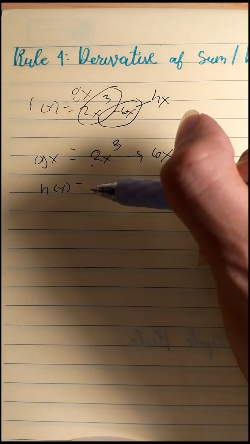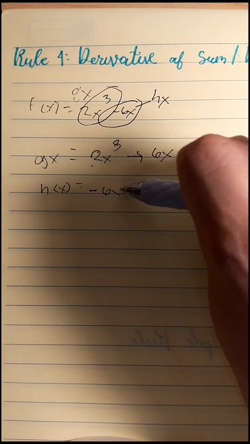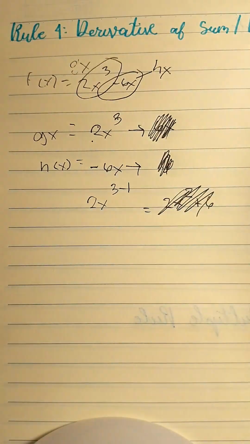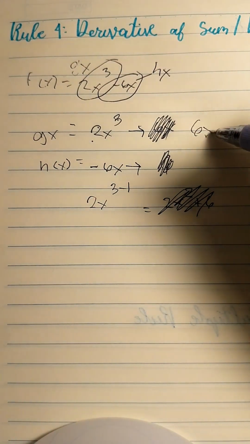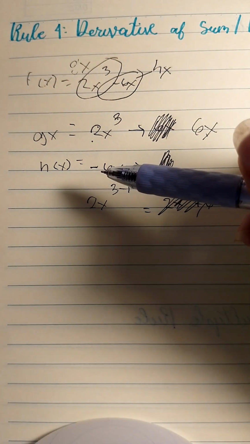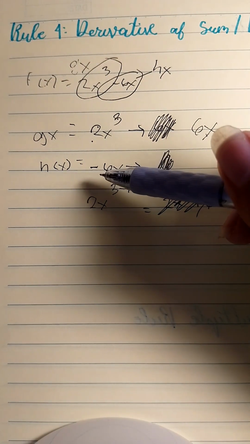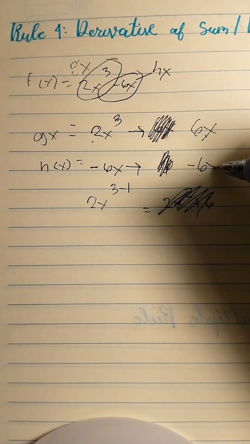Our h of x is negative 6x, since 2x times 3 is equal to 6x. And let's move on to our h of x. Negative 6x has an invisible 1, so negative 6x times 1 is equal to negative 6x.